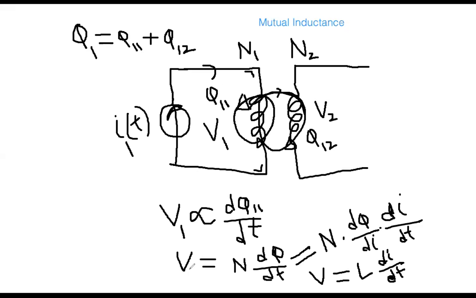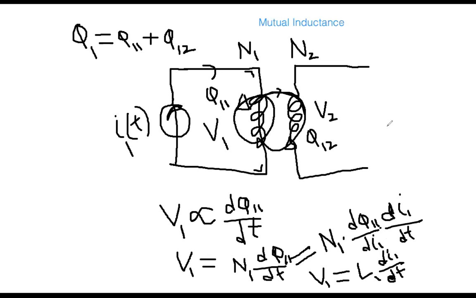I initially assumed that this side has N1 number of turns. So V1 is N1 d phi 1 by dt. Accordingly, it is N1 d phi 1 by d i1 and then d i1 by dt. So this means V1 is L1 d i1 by dt. So this makes sense.